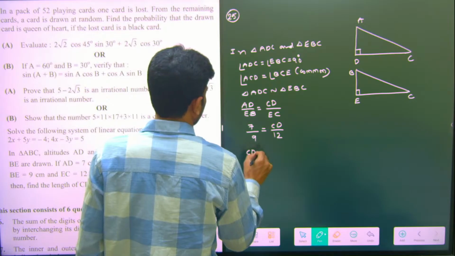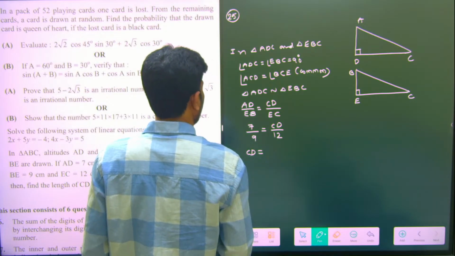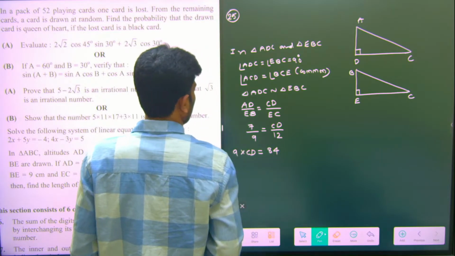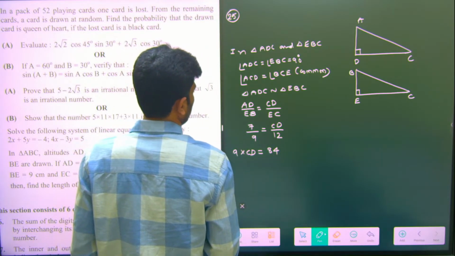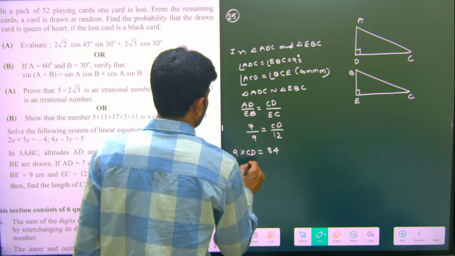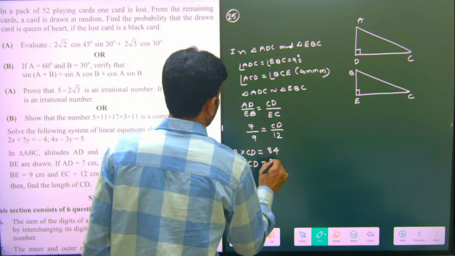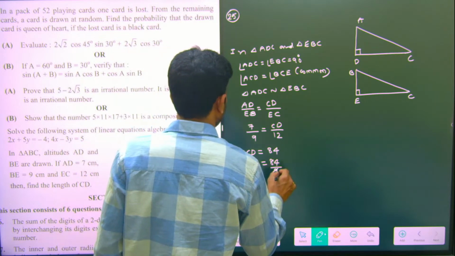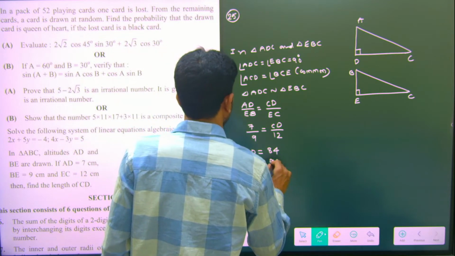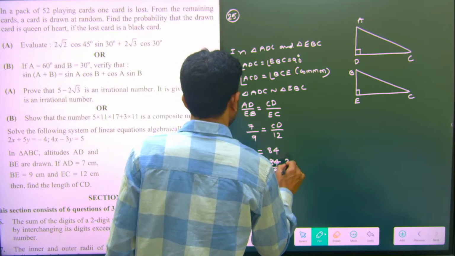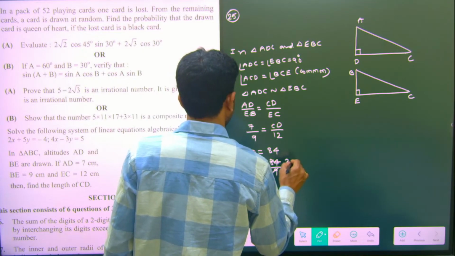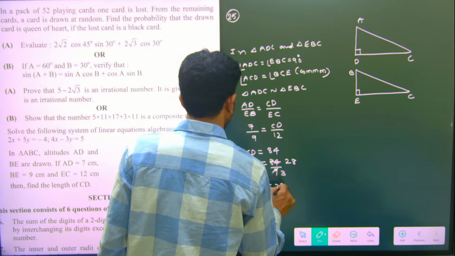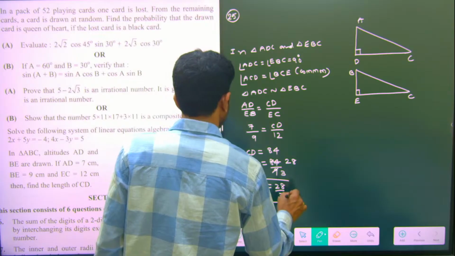Now CD is equal to 12 sevens are 84. CD is equal to 84 by 9. 3 twos are 6, 3 eights. Now also we got it in decimals only, but now it is different.